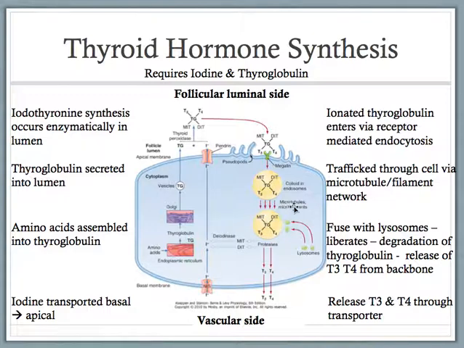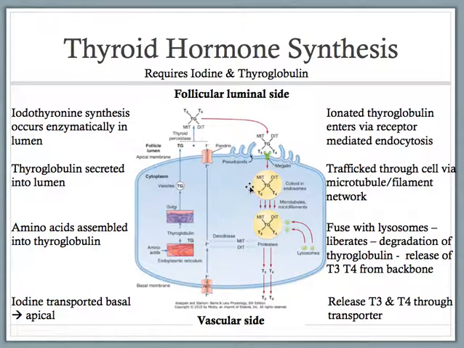It's really big and it's going to get stuck. So the lysosome merging with this will digest this backbone, liberate the free T3 and T4 so that it can go out through the body through its transporter. Then we can have MIT and DIT go back in through this process through the endoplasmic reticulum, be altered so we can utilize it over and over again.